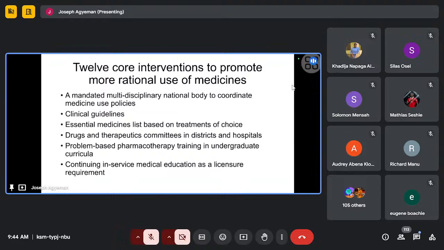So when you choose these drugs, it means that you are likely going to chop success in terms of efficacy, safety, and cost. Lucky enough, whenever you buy the STG, they add the essential medicines list to it. This has so many advantages, some disadvantages as well. Later on, we will look at the pros and cons of the essential medicines list.